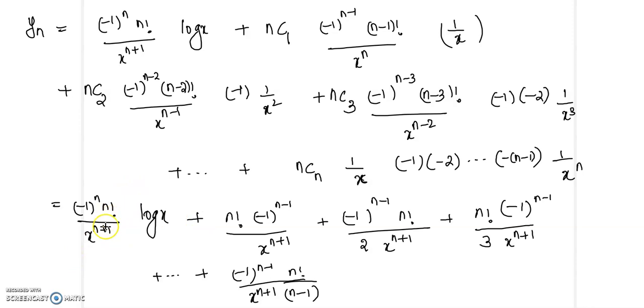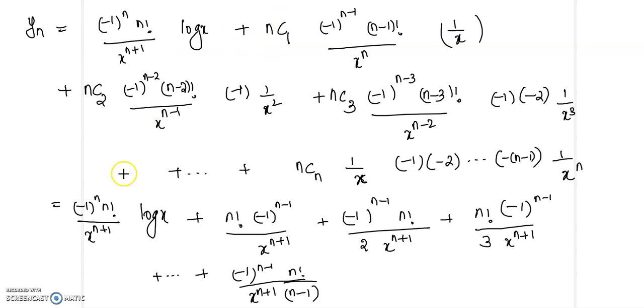So in each term you have minus 1 raised to n minus 1; take it common. n factorial is there in every term, and x raised to n plus 1 is there in every term. So let us take the common terms outside: minus 1 raised to n, n factorial and x raised to n plus 1.